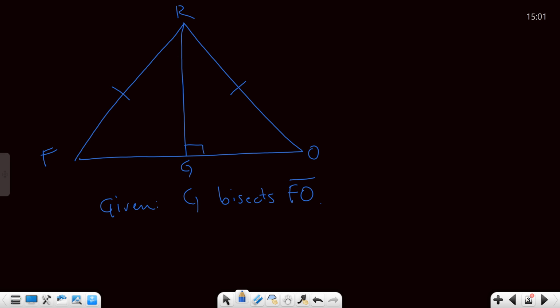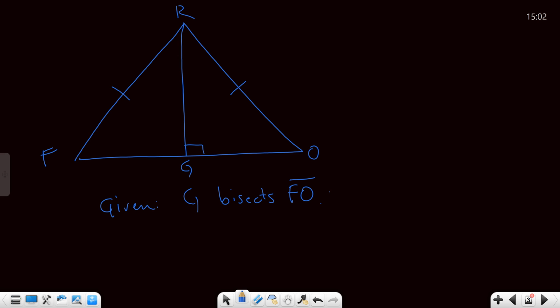And by the way, there's a couple different ways to do this problem. Side-side-side, side-angle-side, angle-side-angle, angle-angle-side. Side-side-side? No. Angle-side-angle? No. Angle-side-side. Let's start with that chunk of information.